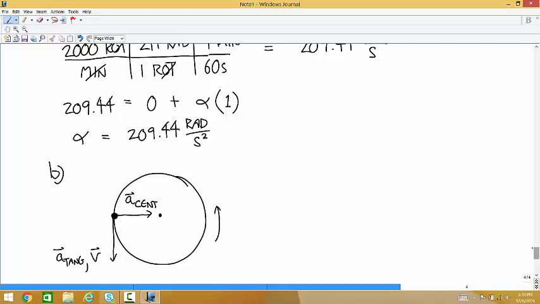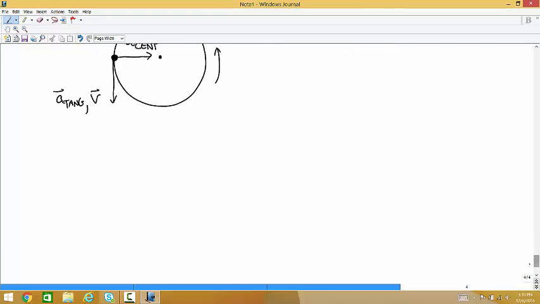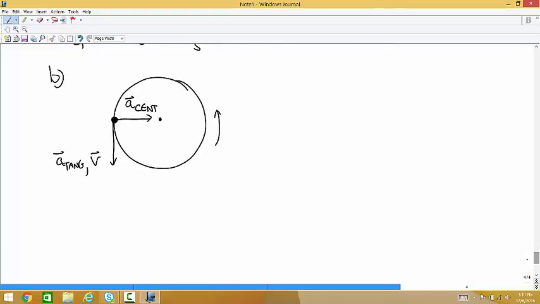And now we can just go through these one by one just like we did before. The speed is equal to omega times r, absolute value. Omega was 209.44. The radius was 0.1.